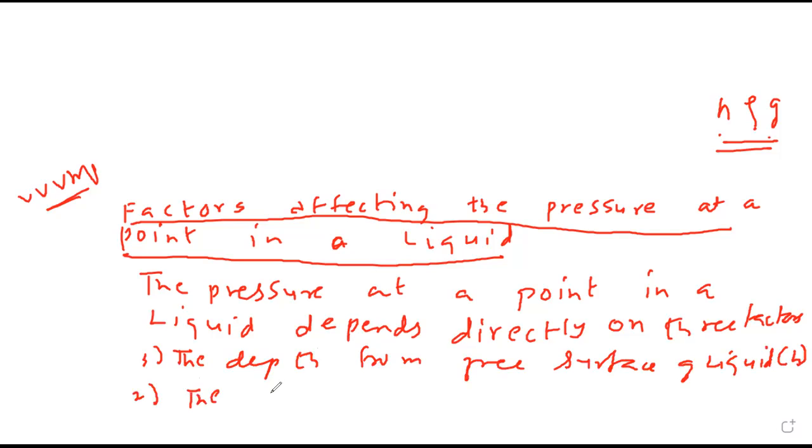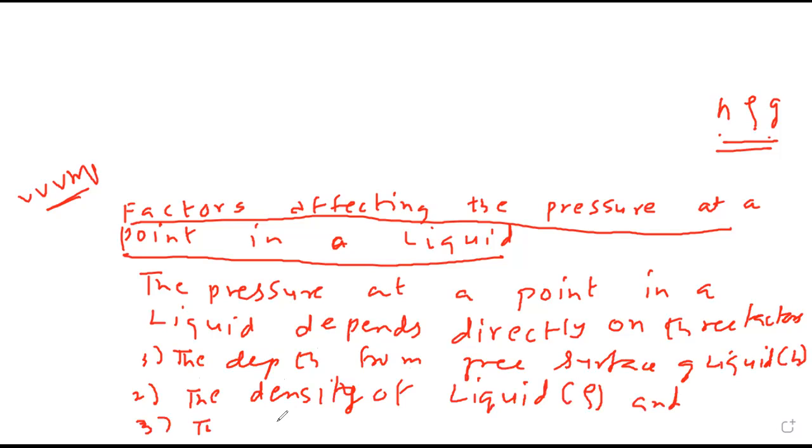Second, the density of liquid, denoted by rho. And third, the acceleration due to gravity, denoted by g. Guaranteed they will ask you this for 2 marks.